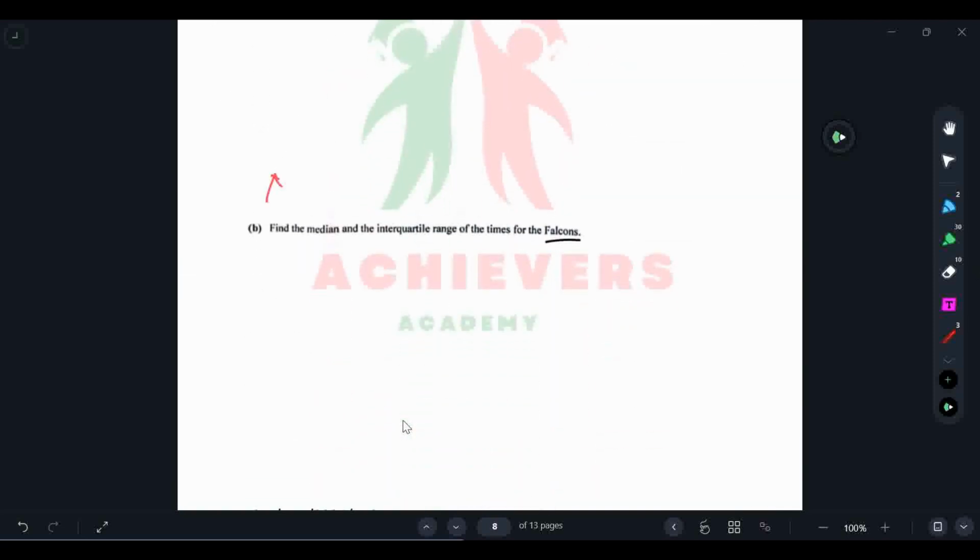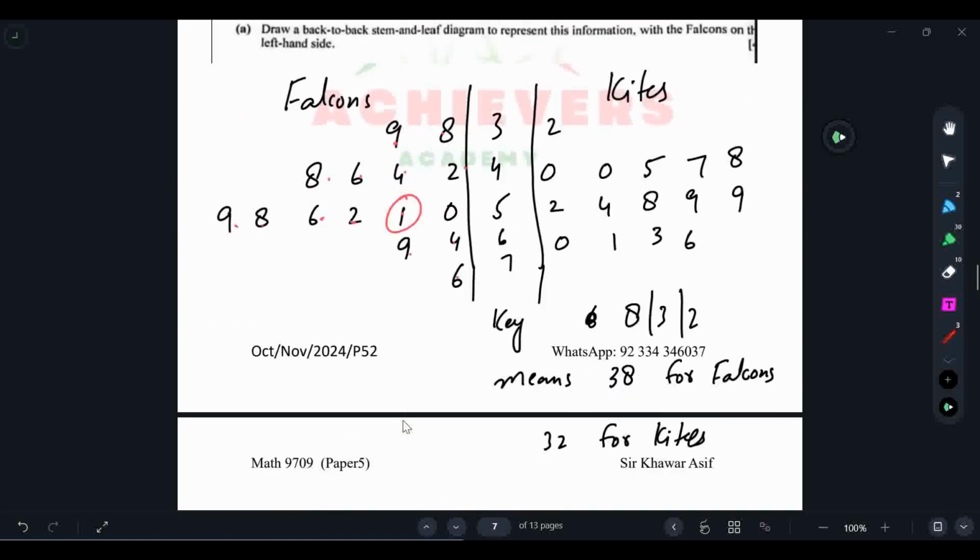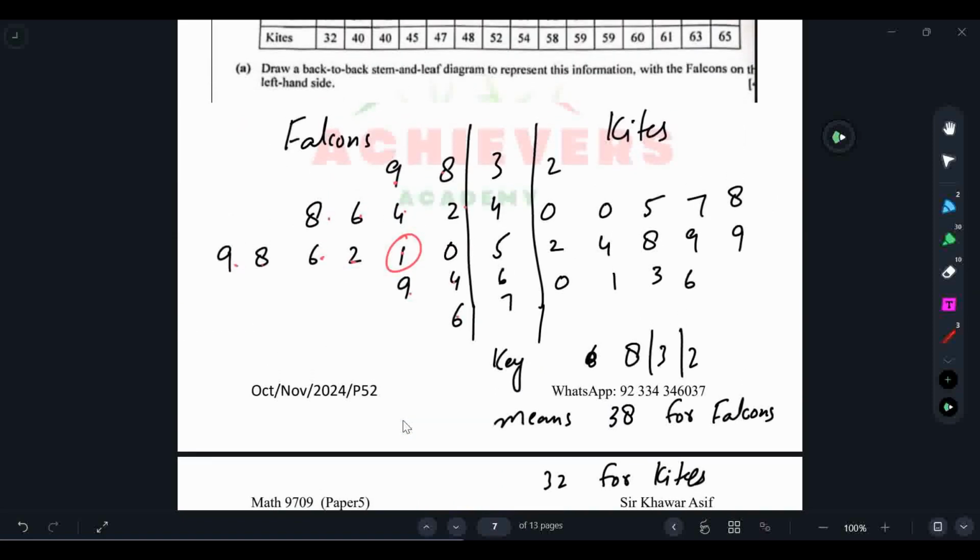So the median is equal to 51. Now the interquartile range is equal to the upper quartile minus the lower quartile. For the upper quartile, it will be 59, because 1, 2, 3, 4, this will be the fourth one.